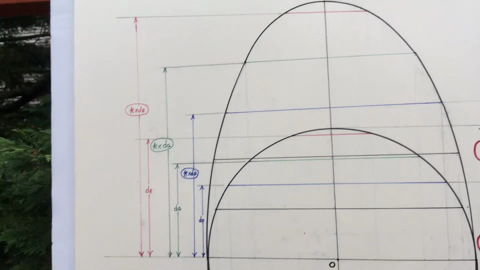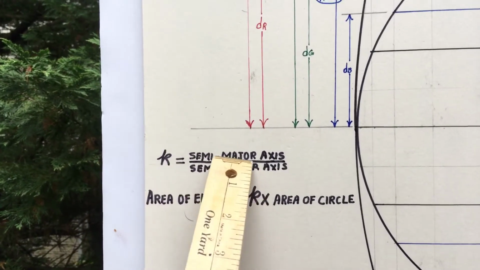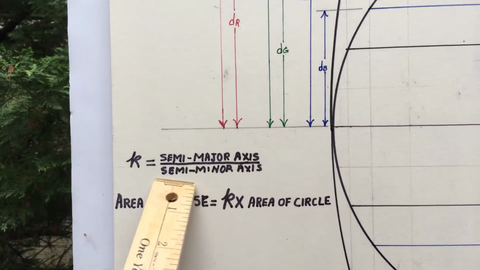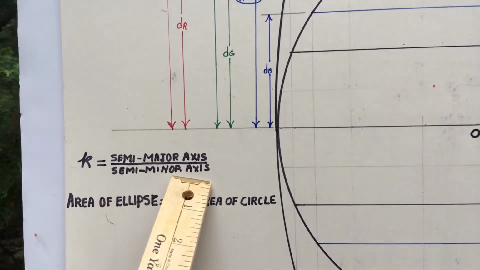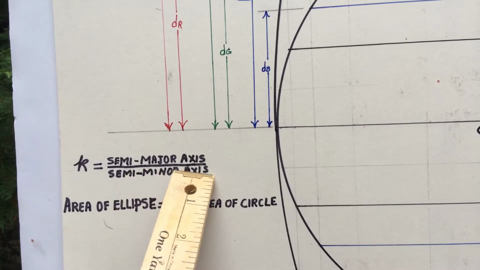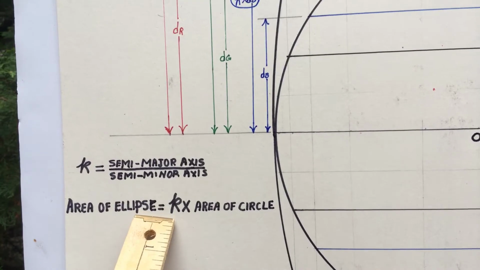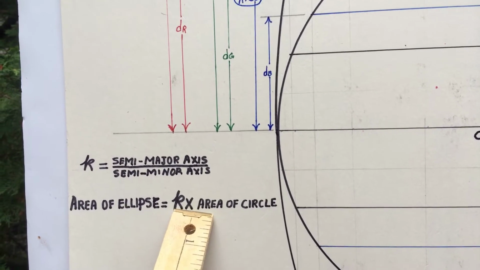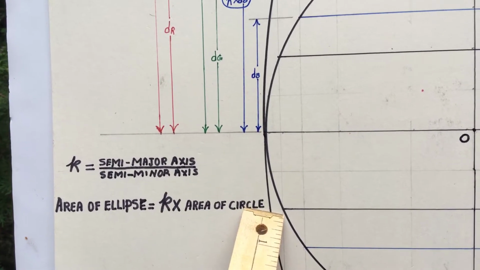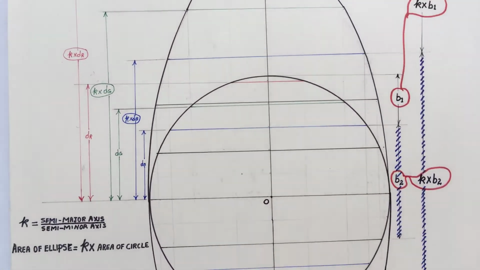So we can define k equal to the semi-major axis divided by the semi-minor axis of the ellipse, which is also the radial distance. Therefore, the area of the ellipse becomes k times the area of the circle.